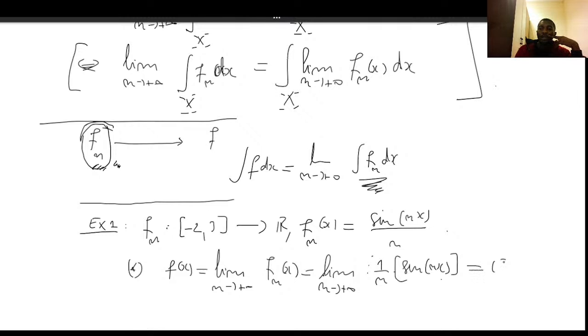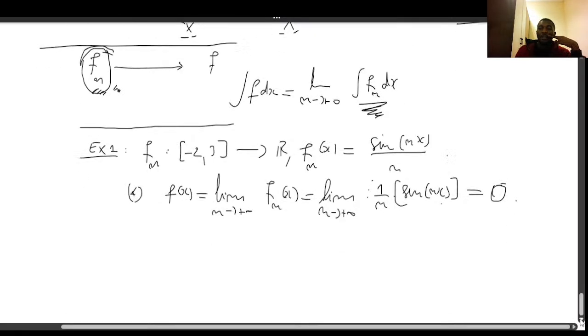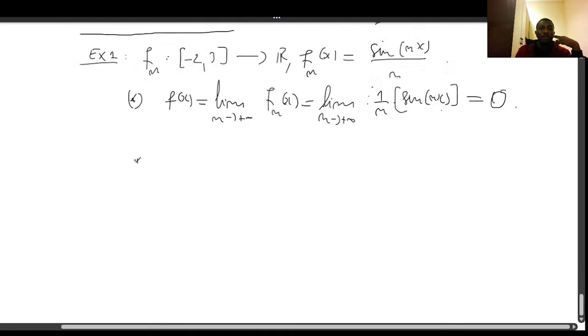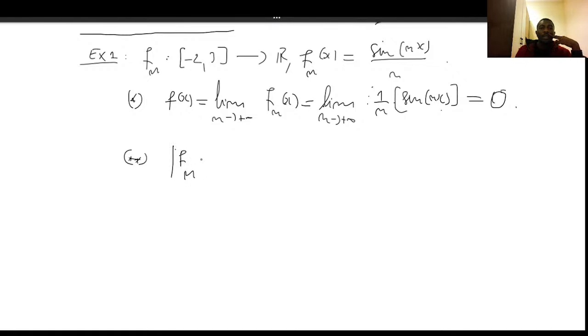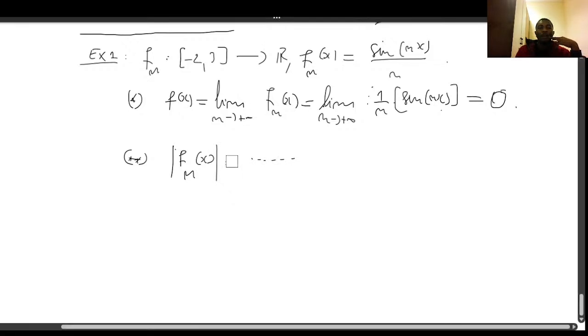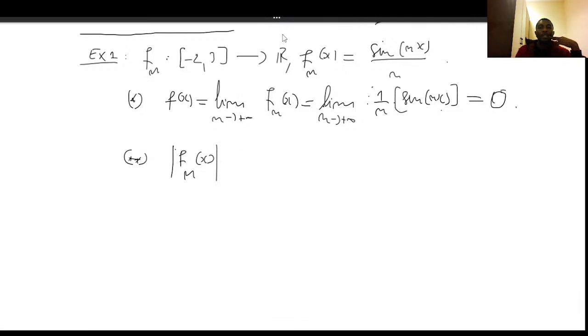So we expect the limit of our integral to be 0 because our f of x is 0. We only need to find a function that dominates our sequence. Secondly, we must try to see if I compute fn of x, can I get that all this is less than some expression that doesn't depend on this n? That is the question I'm going to solve now. So I compute the absolute value of sine of nx divided by n.